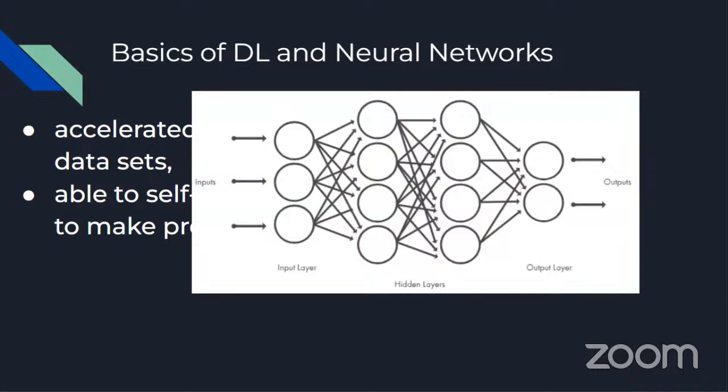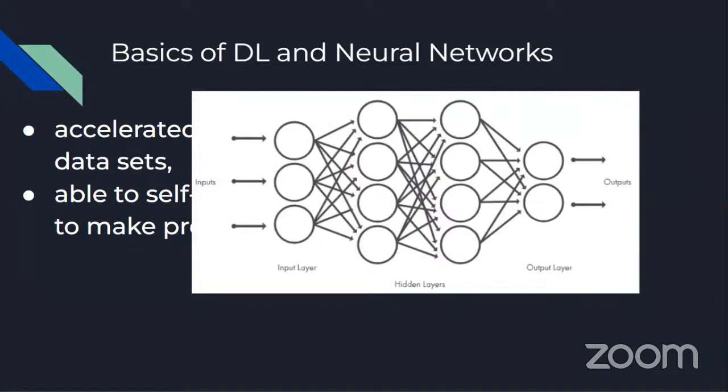This is how the structure looks like. When we talk about neural networks, there is usually a layer of neurons. Neuron is the basic component of any neural network. We'll talk about what a neuron is. So there is an input layer, there is an output layer. Whatever inputs you feed, based upon the size of input, the number of neurons are decided in the input layer based upon what is expected.